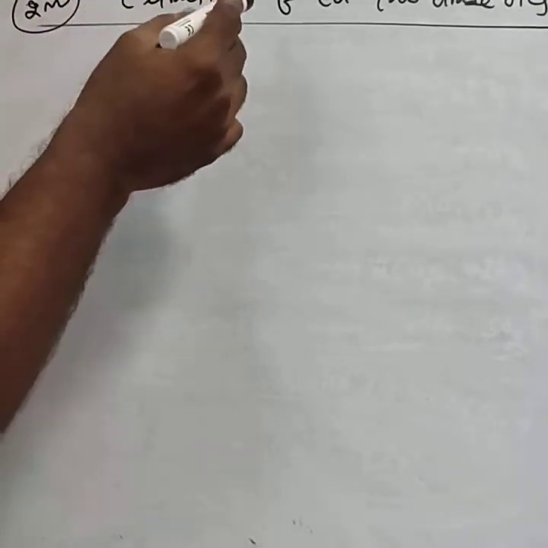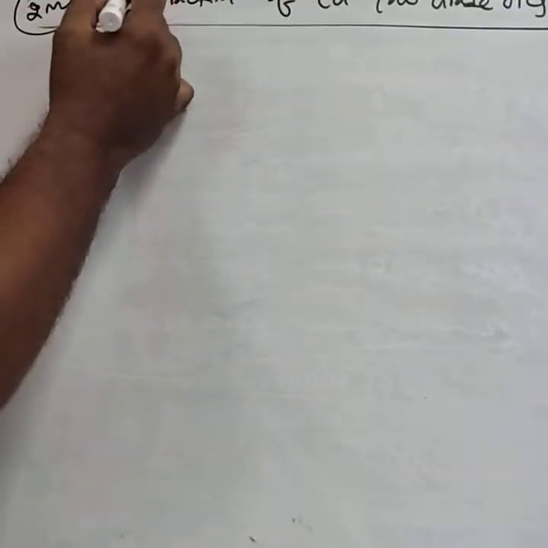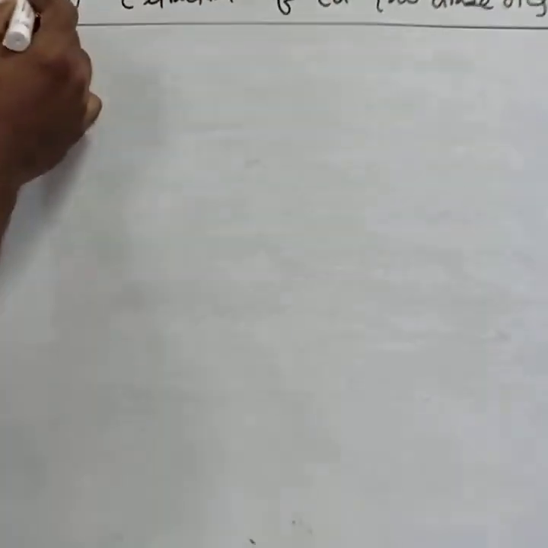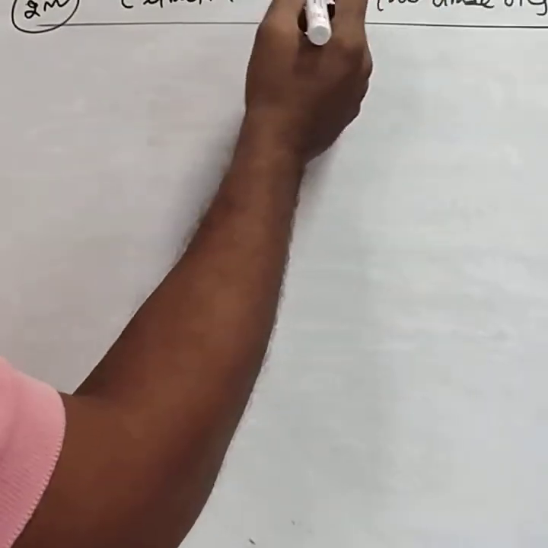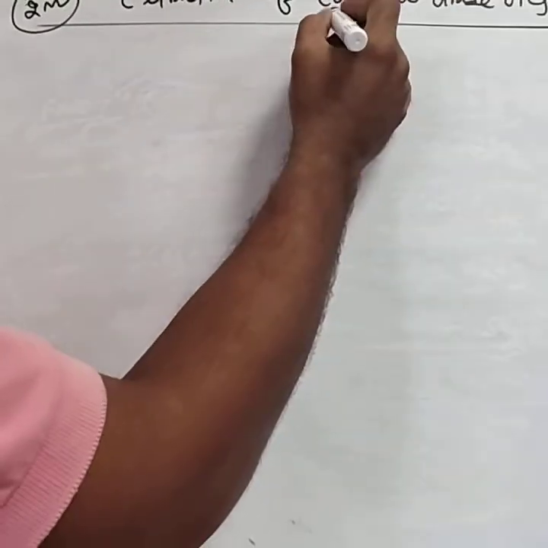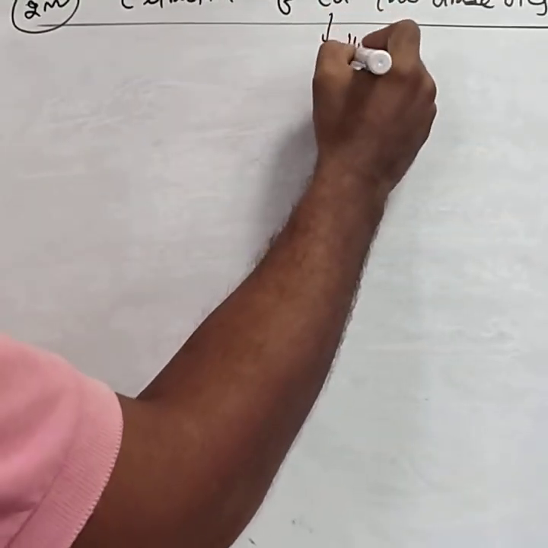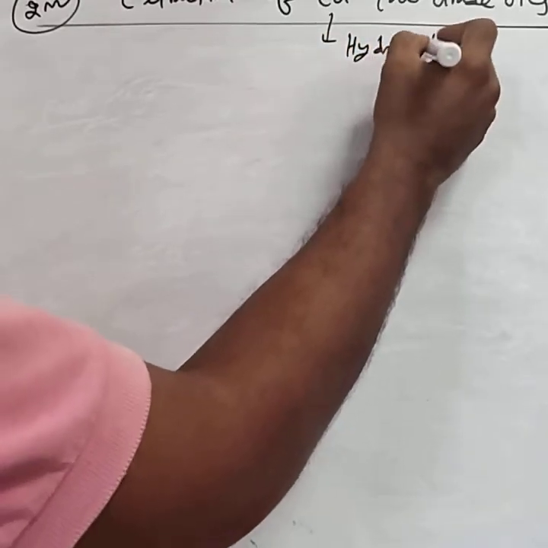Extraction of copper from copper matte is a 3 marks question, while from low grade ore it carries 2 marks. Copper is extracted from low grade ores by using hydrometallurgy.